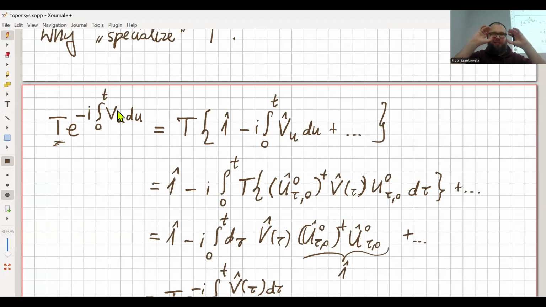I'm not splitting it into parts and trying to figure out what to do with ordering there. Treat it as a whole. So to avoid any confusion, it's better to just add the subscript to T and be safe, okay? So that was the important lesson. And now let's specialize. I've done this.